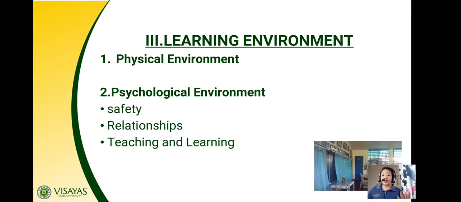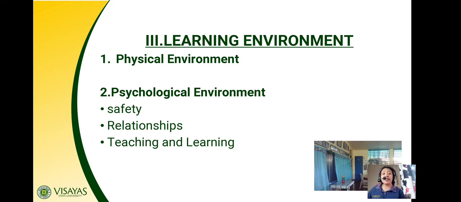So it pertains to the seating arrangement, to the classroom, if that is spacious, well lighted, well ventilated. So yun yung physical environment. On the other hand, yung psychological environment naman, more on safety, relationship, and then the teaching and learning process.